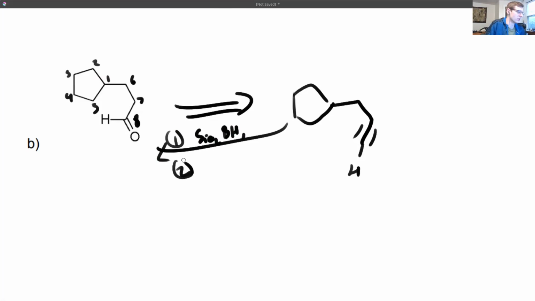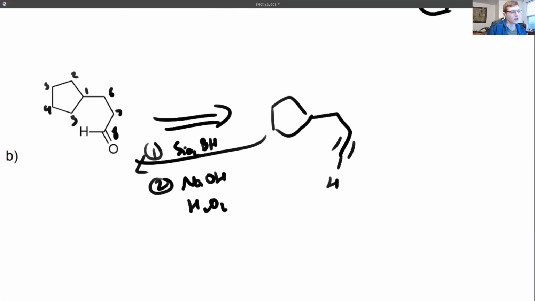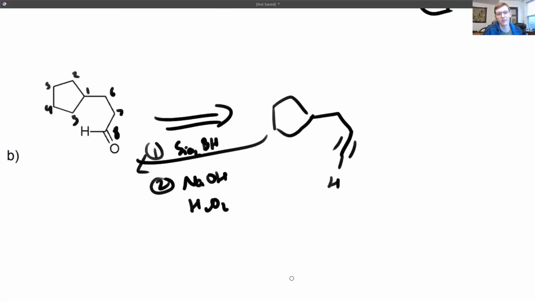Okay, well, that's actually all you need to add in step 1. And then step 2, right, we add sodium hydroxide, H2O2. And that makes us an aldehyde, right? I mean, you have to do a keto-enol tautomerization in there somewhere. Don't you dare forget about that. But you don't have to write it out. It just happens automatically, right?